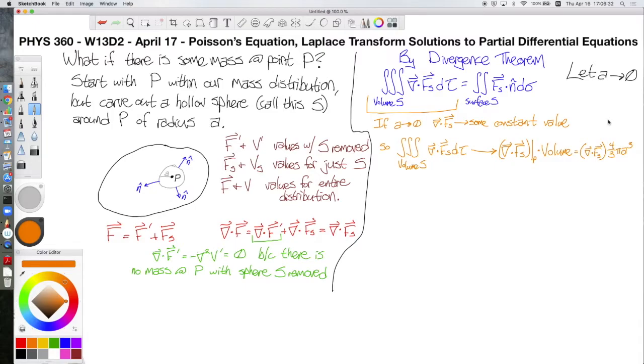Now for the other side of this equation. At the surface of the sphere, the force is equal to, at least in magnitude, GM over a squared, where M is the mass inside the sphere.